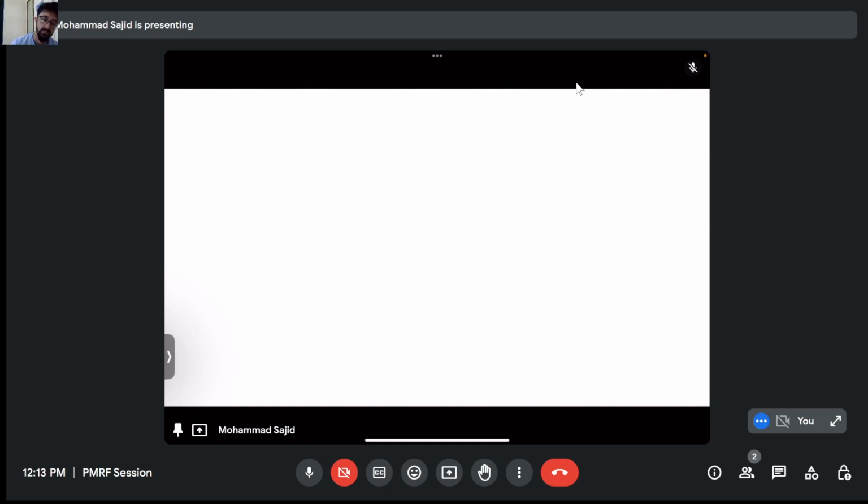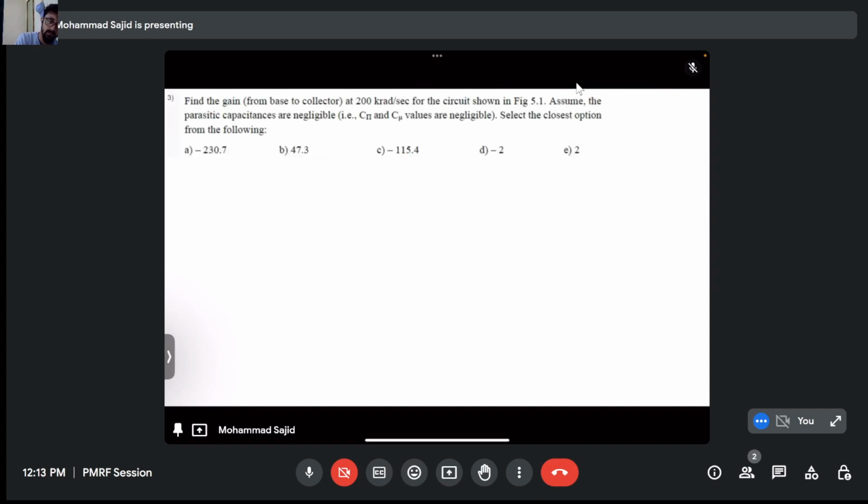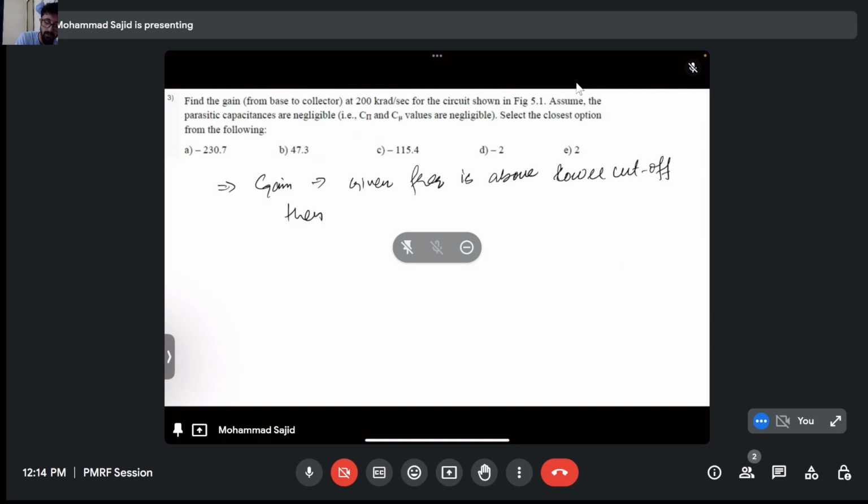Now we have to find gain. For gain, remember that if a given frequency is above the lower cutoff, then we have to find gain as we normally do.